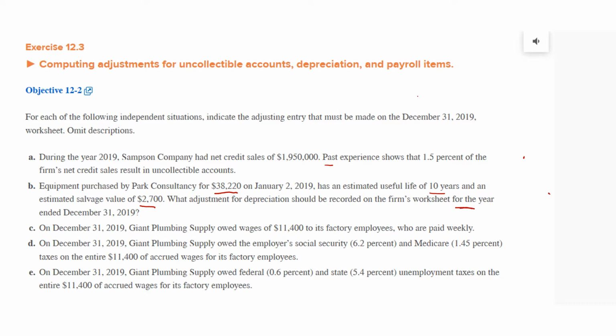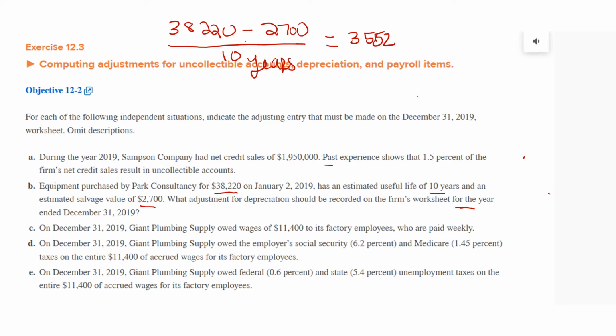This is a review from Chapter 5. Remember the calculation, you take the cost, which is $38,220 minus the salvage value. And in this case, it says the salvage value is $2,700. And then we're just going to divide by 10 because in this case they want a per year adjustment. And so when you do that, you're going to get $35.52 per year.